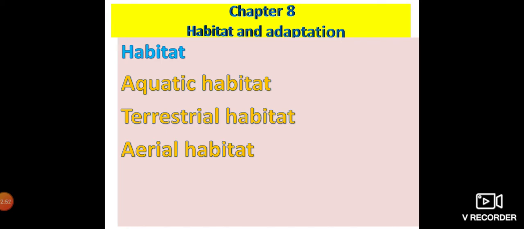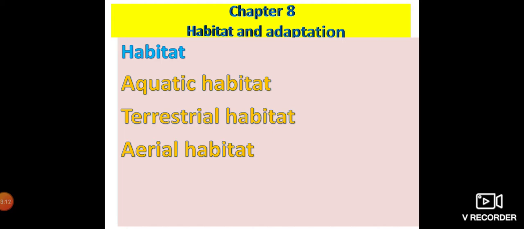You know that the plants and animals live in different conditions. Some can live on land, some can live in water, some can live in air, like that. So living conditions may differ in different organisms.